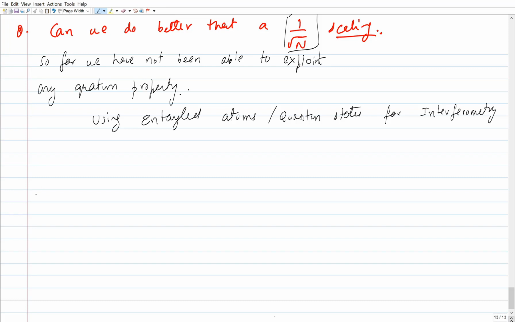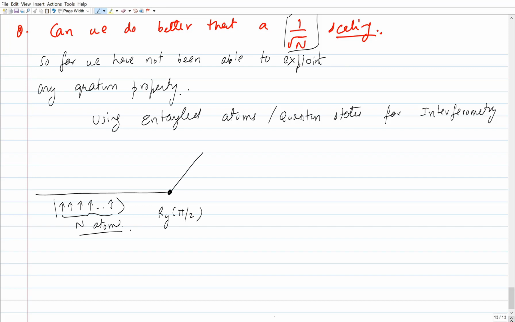So over here I start with n atoms, and all of them are in a product state. You remember the Schmidt decomposition, the Schmidt number is 1. And now I apply a pi by 2 rotation to each of them.